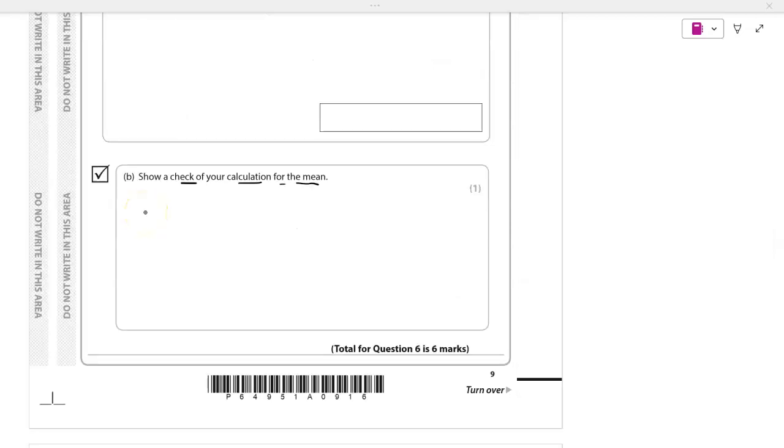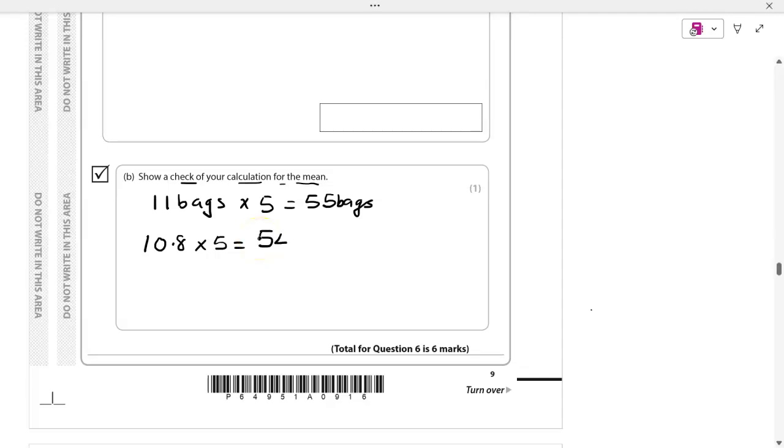Our calculation is 11 bags times 5, which will give us 55 bags. Or it is okay if we use 10.8 times 5, which will give us 54 bags. The difference is close. The difference is just because of the approximation.